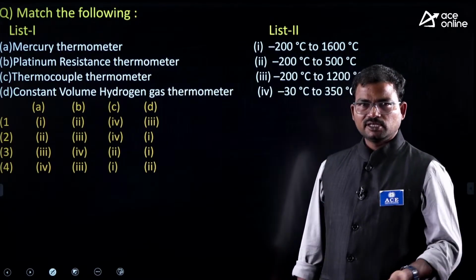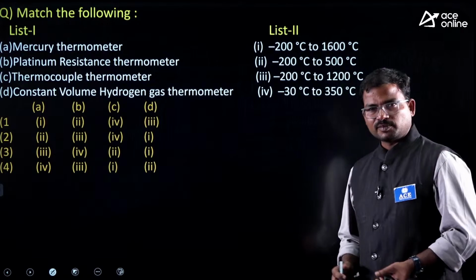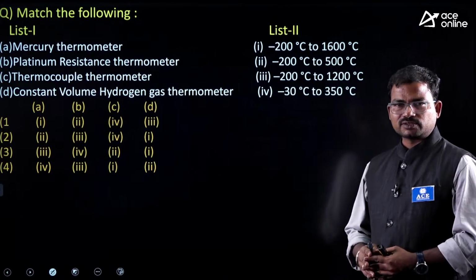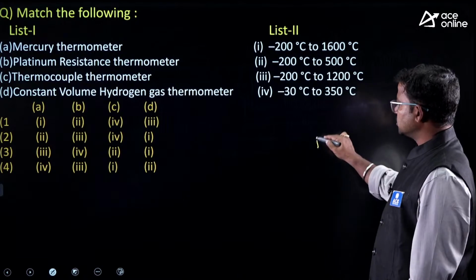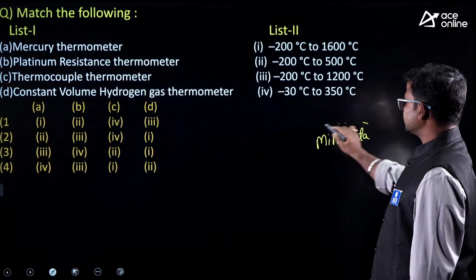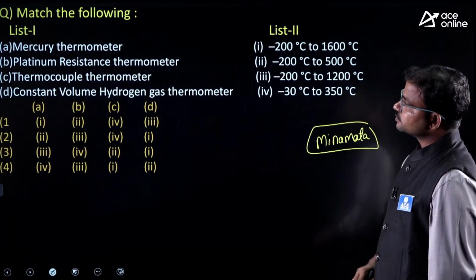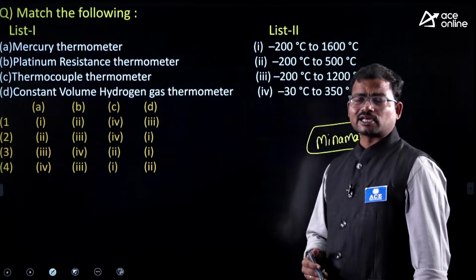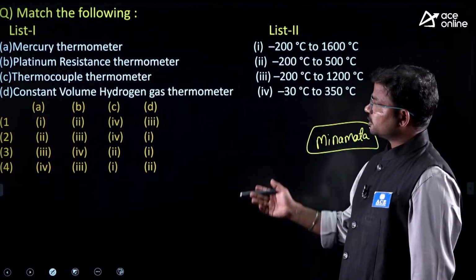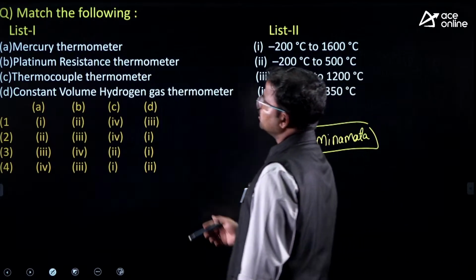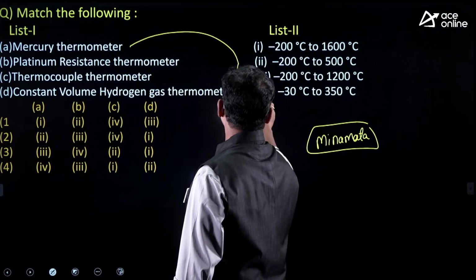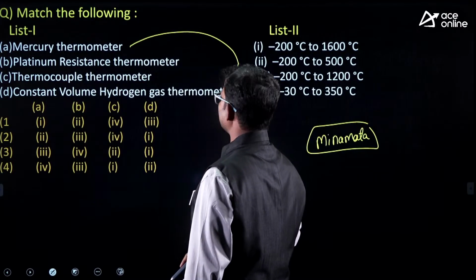If there is any leakage in a mercury thermometer, consumption of those derivatives causes the disease Minamata. Due to that, alcoholic thermometers are more convenient than mercuric thermometers, but here it is completely different. The mercury thermometer's range is minus 30 degrees centigrade to 350 degrees centigrade.